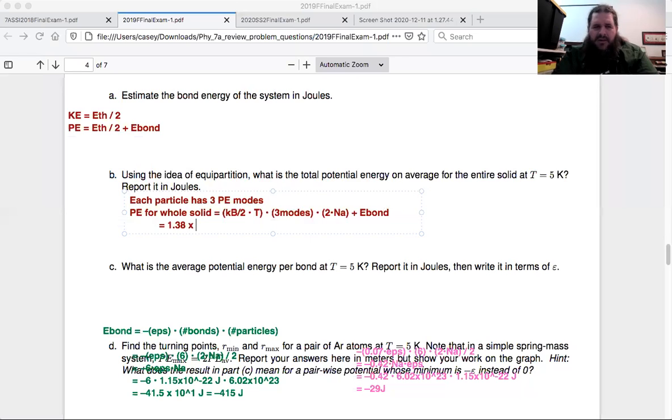1.38 times 10 to the negative 23 divided by 2 times the temperature, which is 5 kelvins, times 3 modes. Boltzmann's constant is in joules per kelvin. Times 5 kelvins times 3 modes per particle times 2 times Avogadro's number, plus the bond energy we found earlier, which was negative 415.